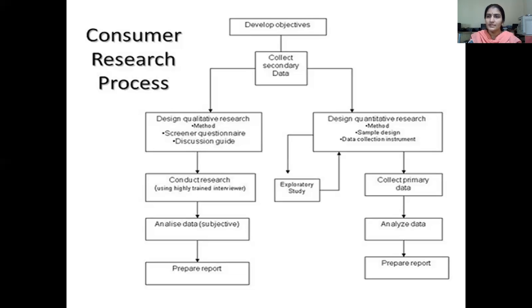This will be followed by collecting the primary data. Then this primary data would be analyzed, and then we are going to prepare the report. Now in all these, we will be having an exploratory study. So when we are designing the quantitative research method, we are going to consider an exploratory research study.